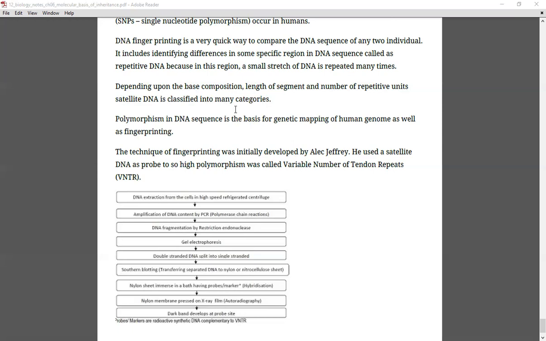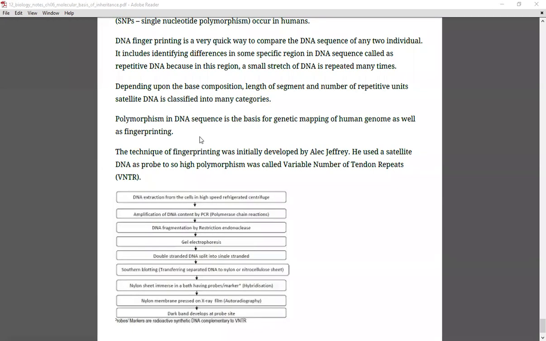Then the length of segment, that is how long the segment of the DNA sequence is, and the number of repetitive units, to check how many repetitive units or repetitive DNA are present in that length of segment. Based upon these three things, satellite DNA is classified into many categories. So there will be presence of so many different categories.